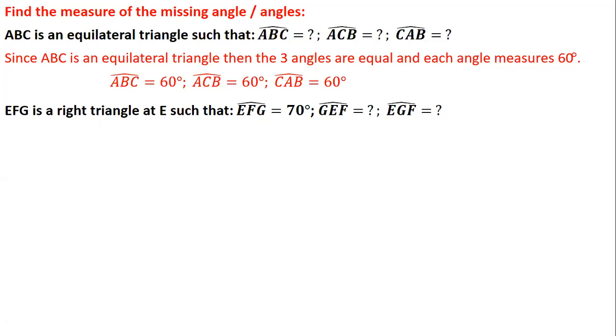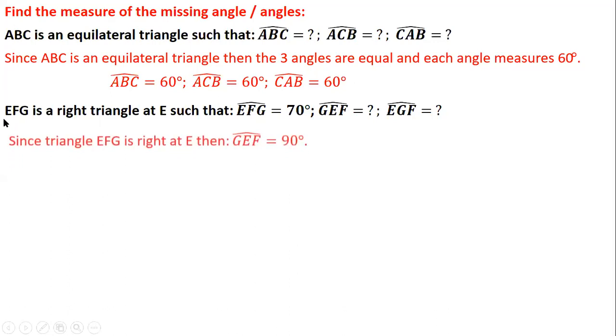Huda, step by step. Don't rush, step by step. When I read the word right, I ask myself, what does a right triangle have, Huda? What do we have in a right triangle? A right angle. At which vertex? E. So we go to the name of the triangle.